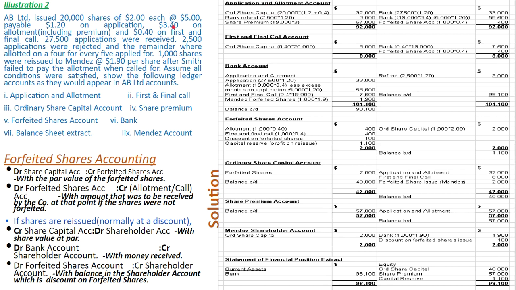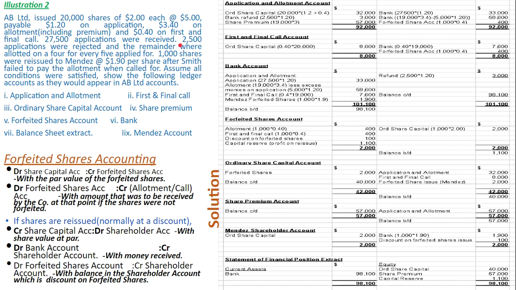Remember, we said $3 is the share premium, therefore 40 cents is the part of ordinary share capital. So if we say $1.20 plus 40 cents, we'll get $1.60 multiplied by 20,000 to give us $32,000.